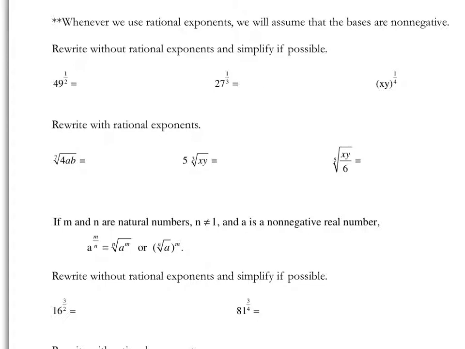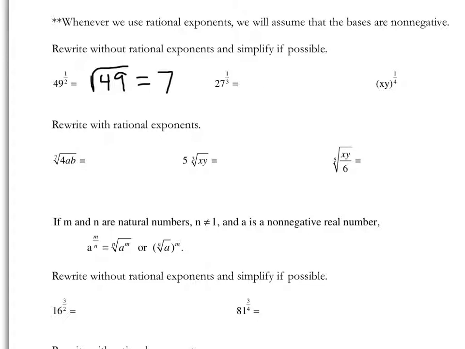So let's rewrite these problems without rational exponents and simplify if possible. So when it says 49 to the 1/2, what does that mean? 1/2 means square root. So it really means the square root of 49. Do you know what the square root of 49 is? 7.